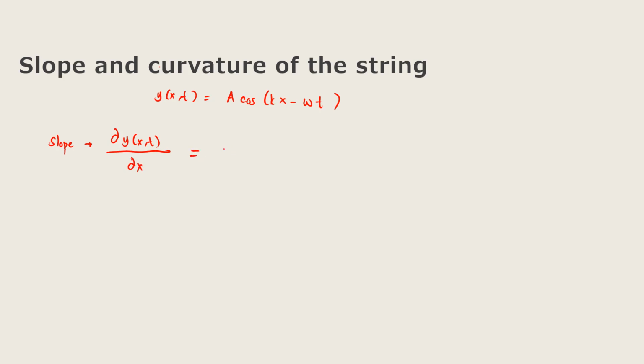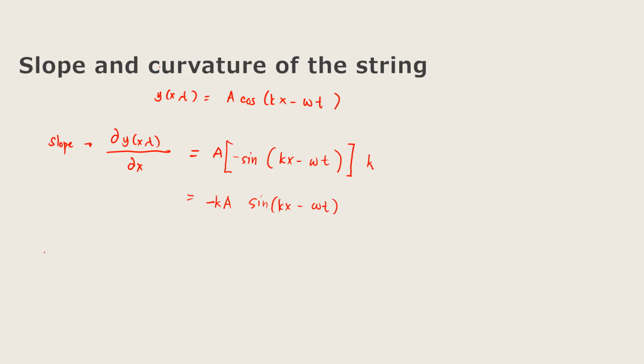So this is equal to A times the derivative of cosine (kx minus omega t), so we have negative sine (kx minus omega t), and then multiplied by the derivative of kx, so we have k. So this is the slope. We can write it as negative kA sine (kx minus omega t).